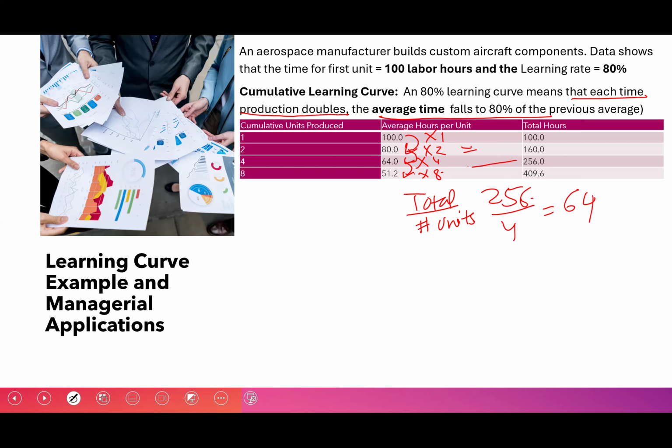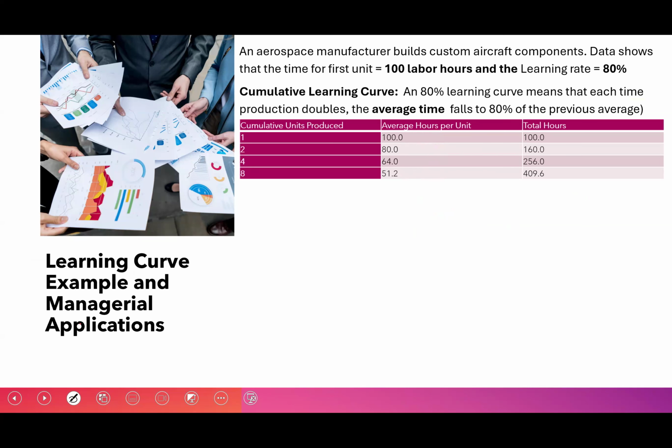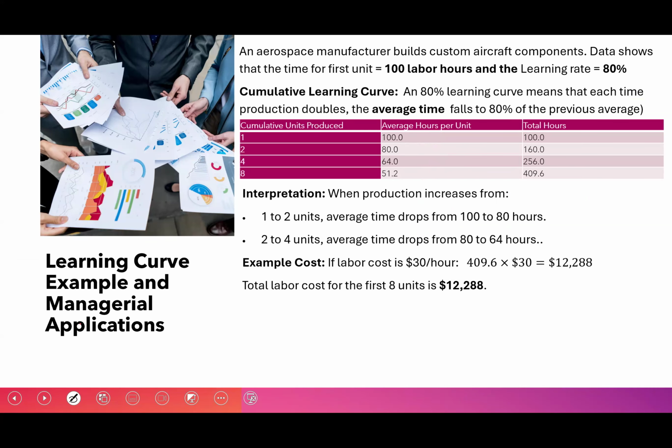So the number has come from here in terms of average, but you have to be careful when you are doing cumulative average because it is an average method. This is how the numbers change. So the interpretation is saying average time drops from 100 to 80 and then 80 to 64.